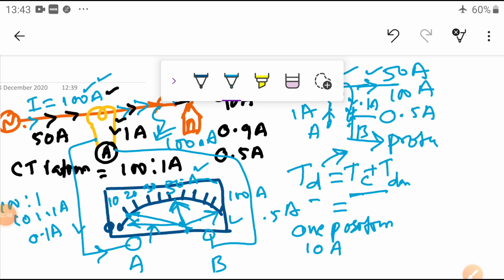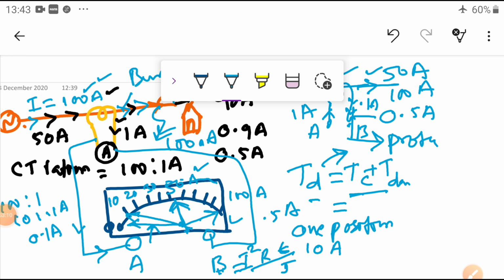The line will burn out first of all. Why? When heavy current flows, heat develops, which is I squared R T by J. The heat will burn the insulation of all these materials, and the total system will collapse.